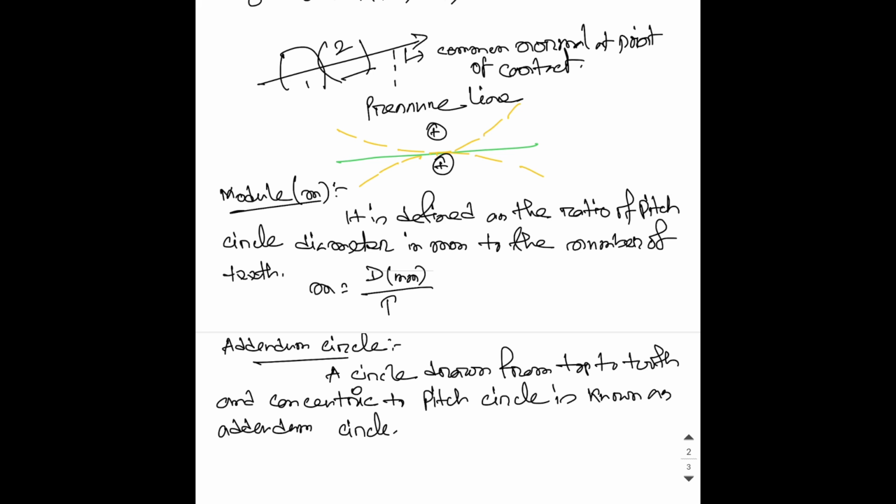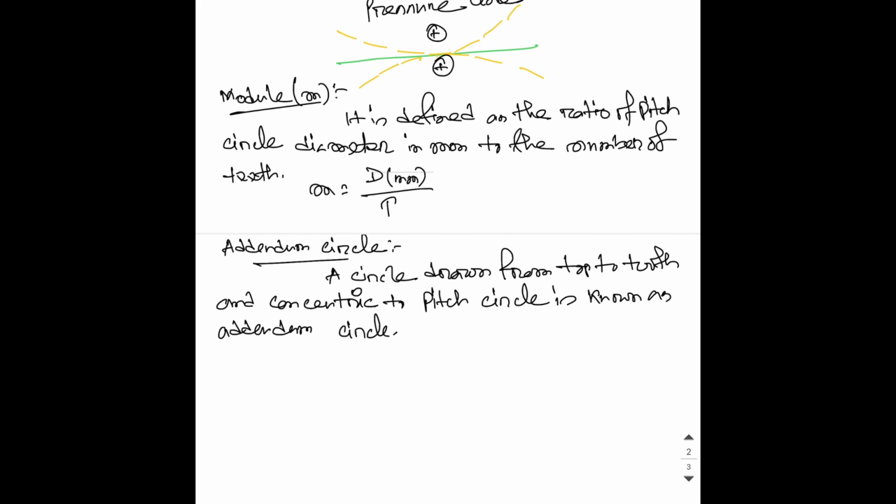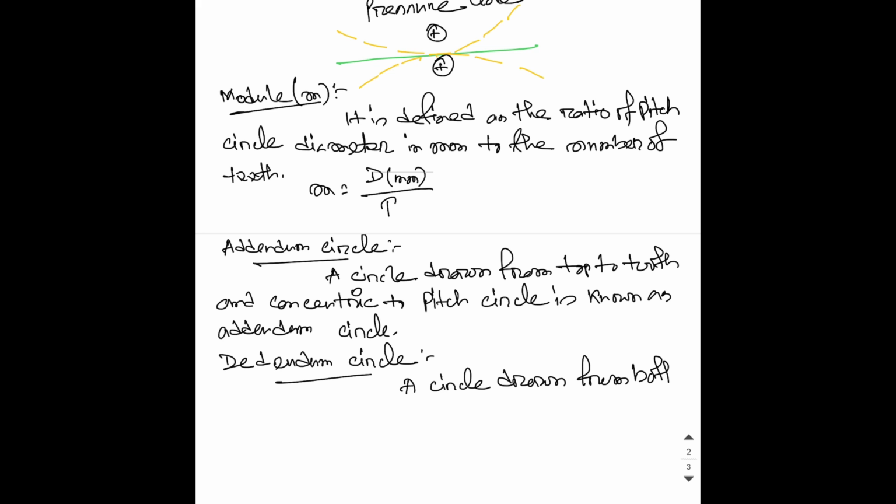Next is dedendum circle. A circle drawn from the bottom of the teeth and concentric with the pitch circle.